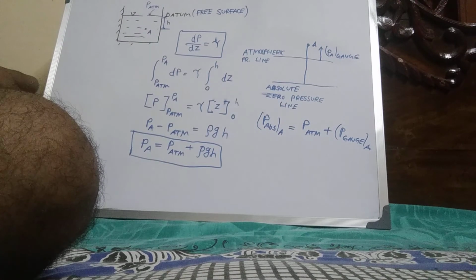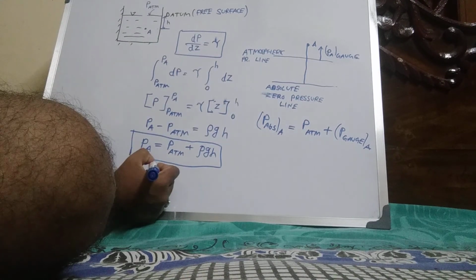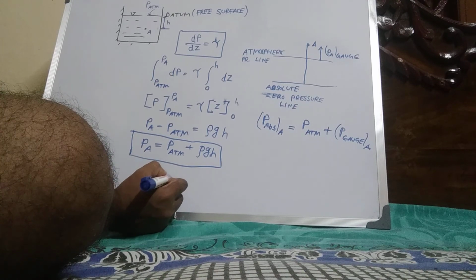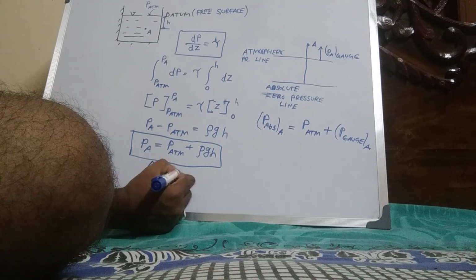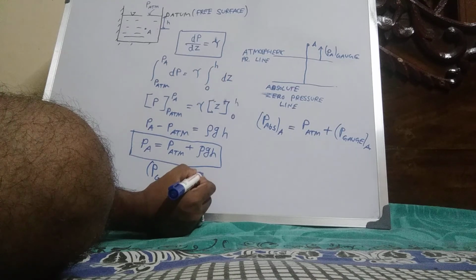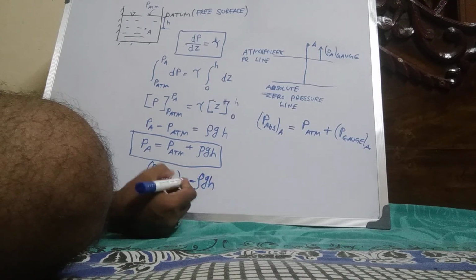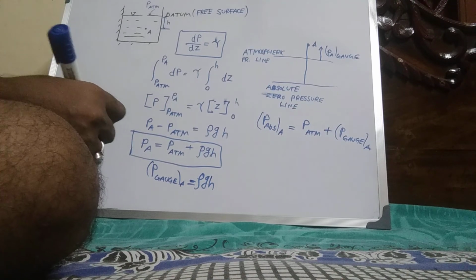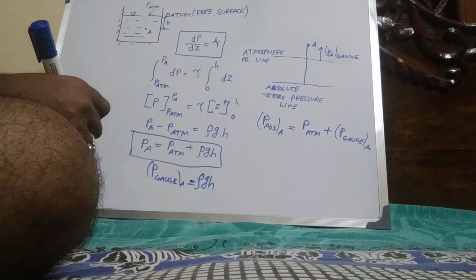Comparing with this equation, the gauge pressure at point A equals rho g h, and at the atmosphere the gauge pressure is 0.